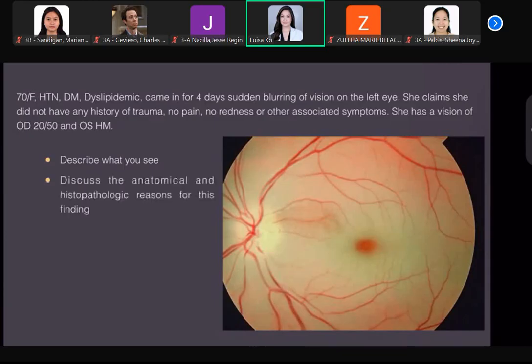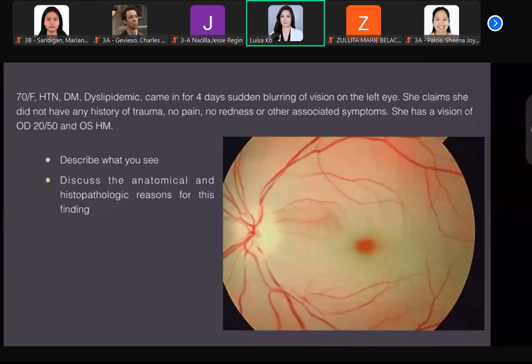Let's discuss the anatomical and histopathologic reasons for the cherry red spot. Anyone? Why is there a cherry red spot here? So where do you see your cherry red spot again? In the macula, Doc. Macula, right, on the fovea, no?